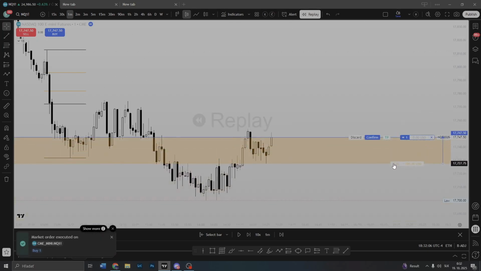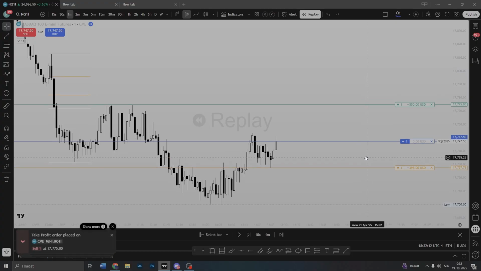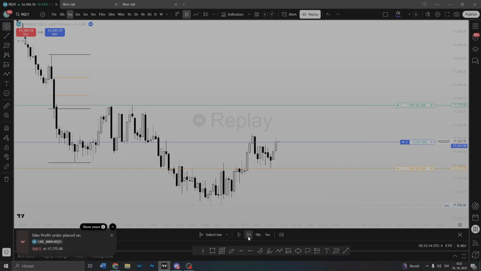So this is the trade. We are retesting the CISD. Retesting the CISD again, closing above that 219 candle.